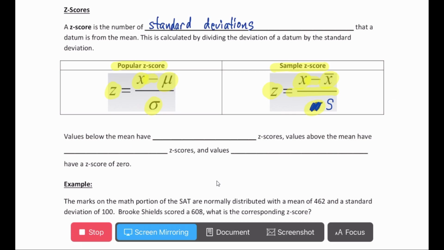Values below the mean or below the average have negative Z-scores. So how far to the left have I gone? Values above the mean have positive Z-scores. So how far to the right have I gone on my graph? And values equal to the mean have a Z-score of 0.